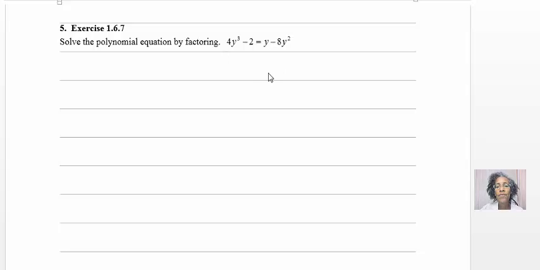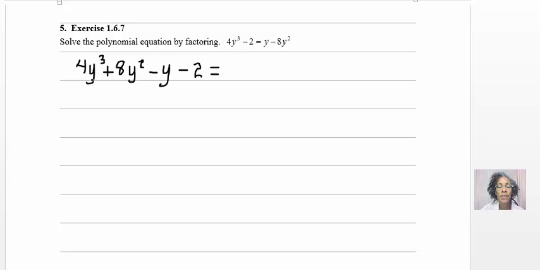So if we want to solve this equation by factoring, we want to do step 1, which is to get all non-zero terms on one side of the equation and 0 on the other side. So I'm going to add 8y squared to both sides of the equation. I'm going to subtract y from both sides of the equation.